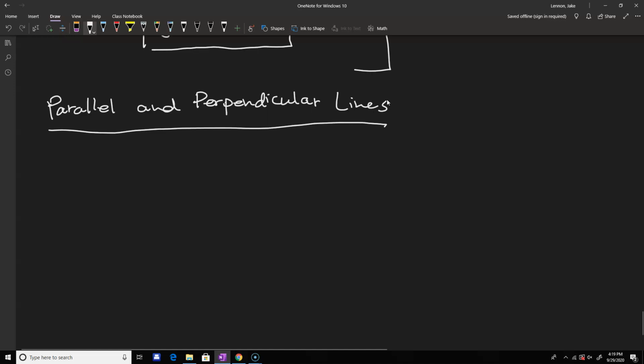These are distinct lines that do not intersect. The other relationship that's going to be important is that parallel lines have the same slope. So that means they do not intersect, and they have the same slope value.